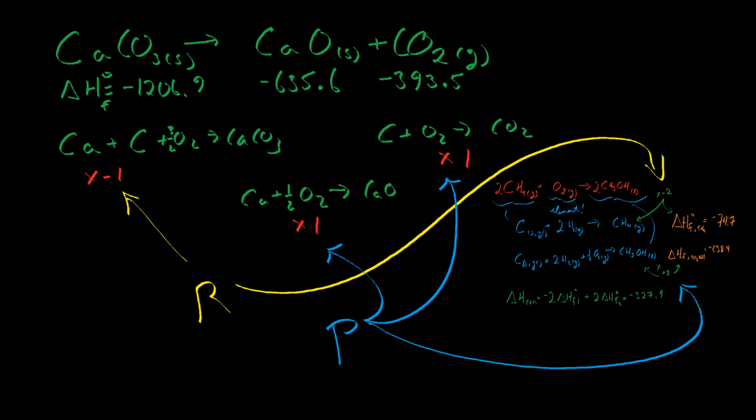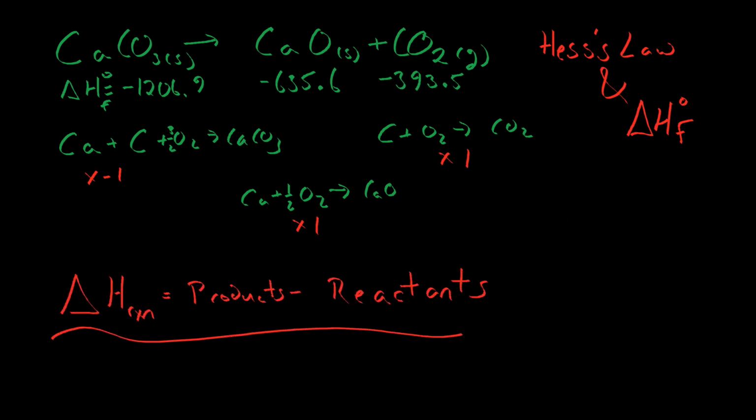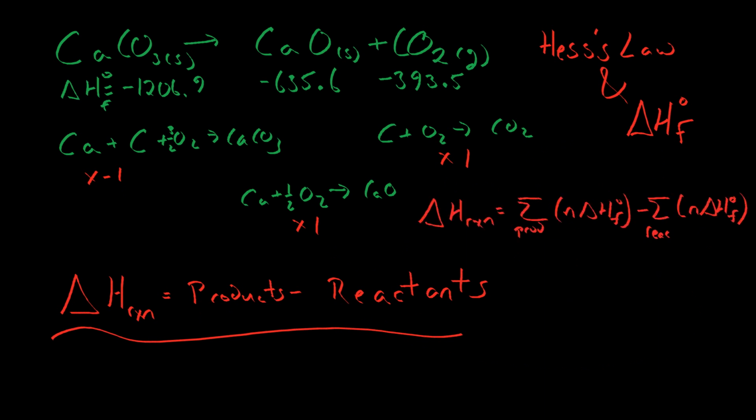And there is a nice, simple way to state this for any sort of Hess's law enthalpy of formation problems, and that is products minus reactants. That's a handy enough mnemonic, but the more formal way to write it, and I think it's necessary to have this formal way because you need to remember those coefficients, is that the enthalpy of reaction is equal to the sum of the products minus the sum of the reactants.